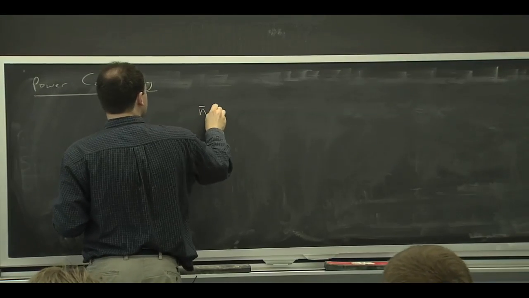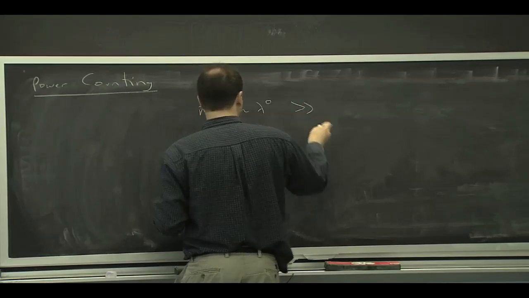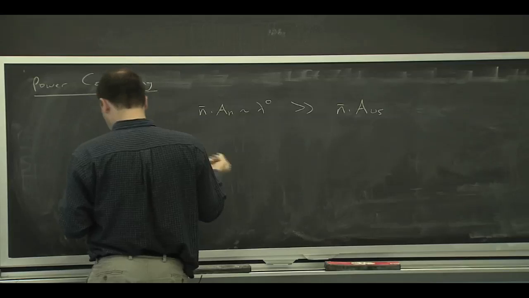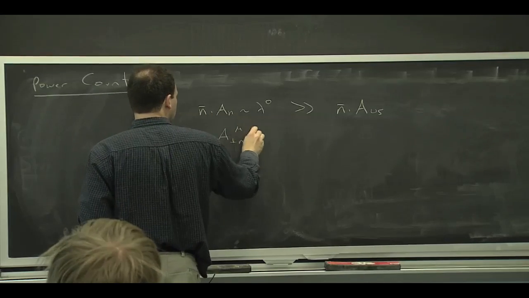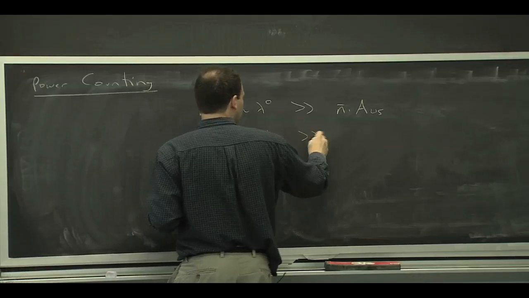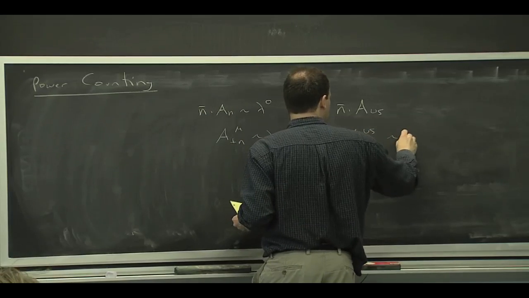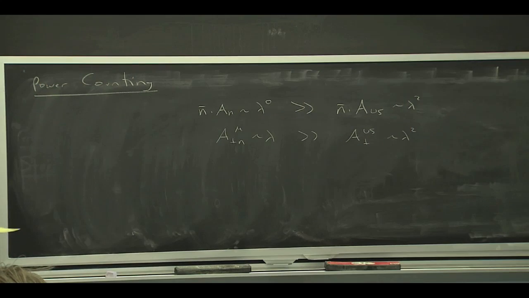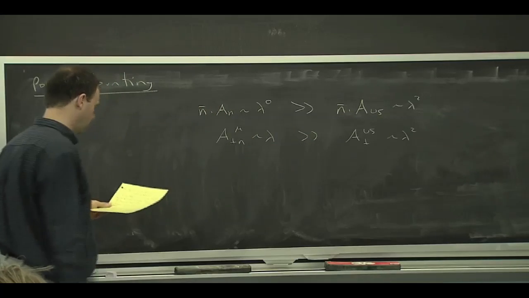The power counting is that n bar dot A_n is order lambda to 0, and so is much greater than the n bar dot A ultrasoft, which is order lambda squared. Same for A perp n, that's of order lambda. That's much greater than A perp ultrasoft. And so those two formulas mean that whenever I have a comparison between this and this, I can always drop the smaller one.